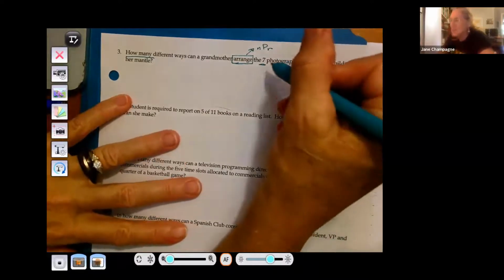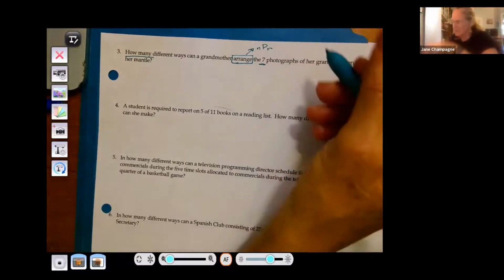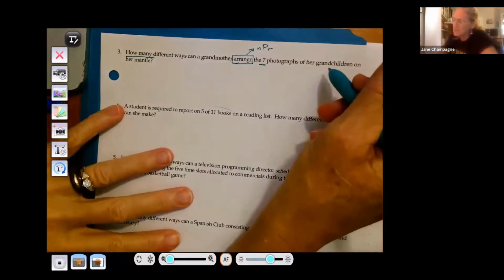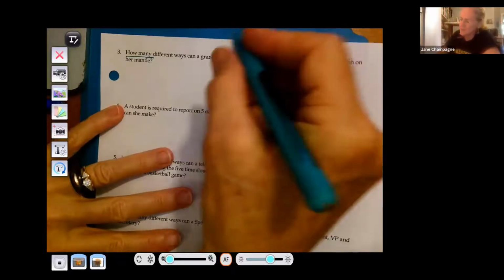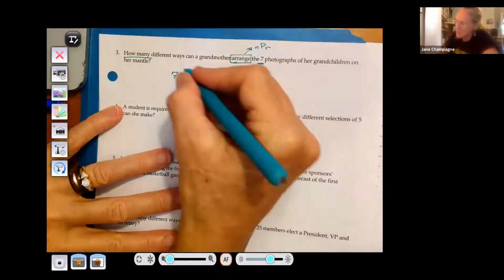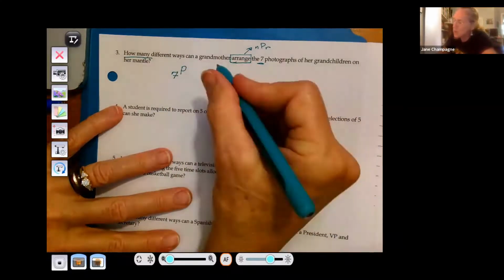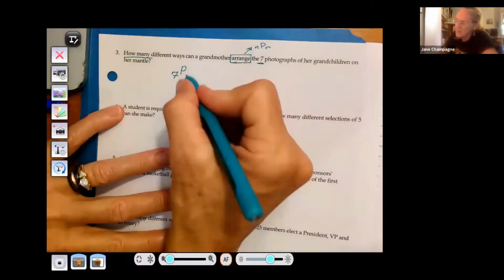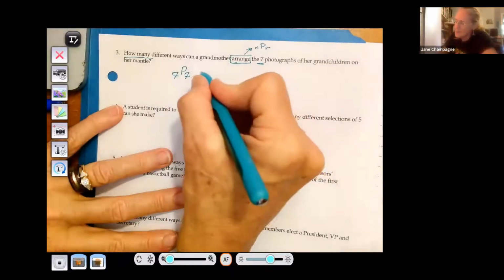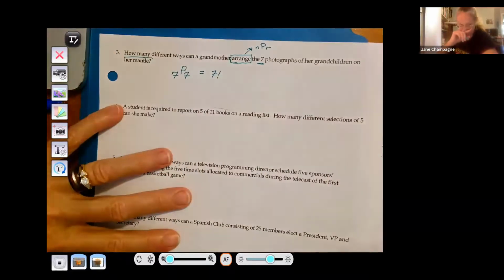All right, so 7 photographs. It doesn't really matter what they are, right? Photographs, books, pictures, it doesn't matter. So we want to take the fact that there's 7 of them, and she is putting into position how many? Ooh, all of them. This is 7P7. So this is actually the same thing as 7 factorial, like we did for the books, right?